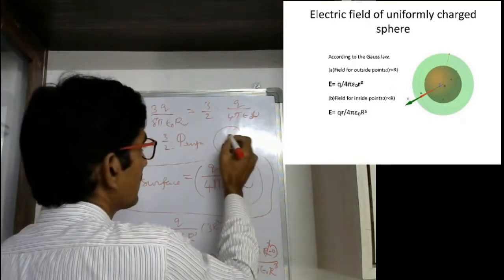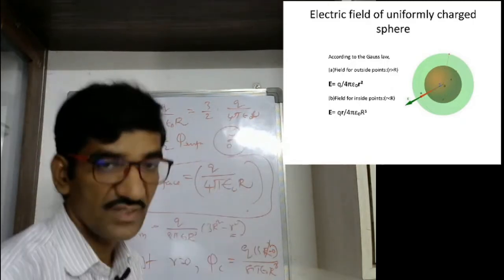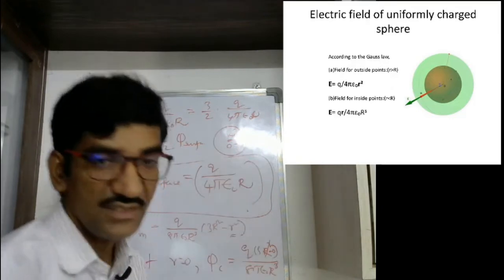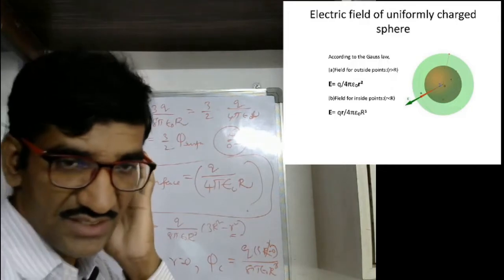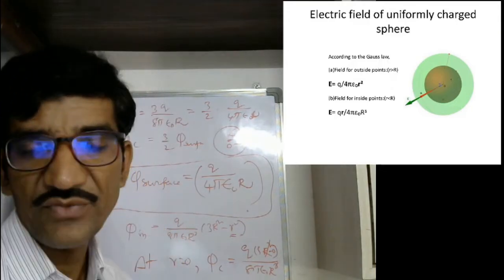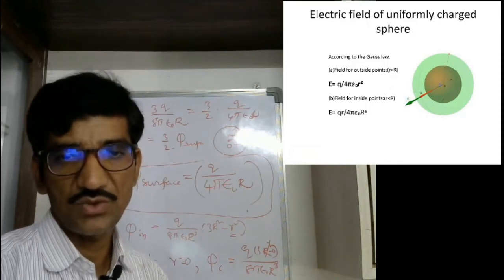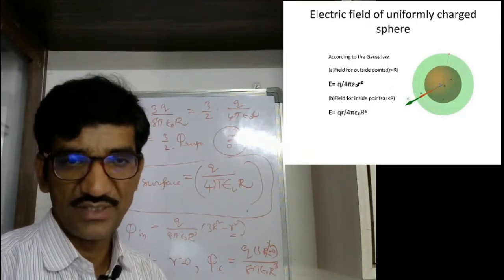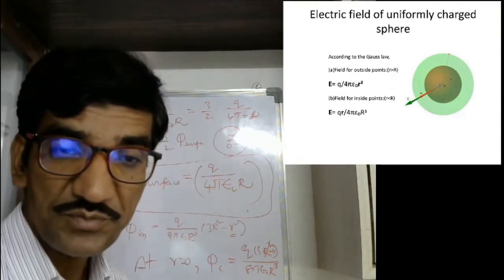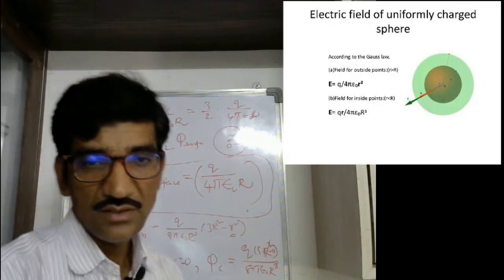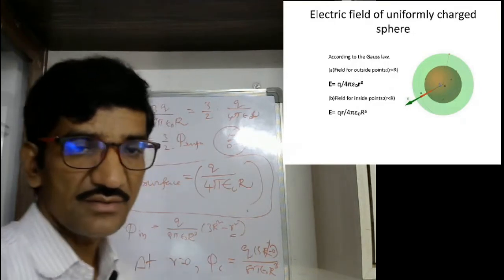Decreasing is there from here to here. This direction is a decreasing phi direction. What happens when you increase r after crossing the border? Which formula do you get? The usual Coulomb's law formula. It falls by 1 by r.